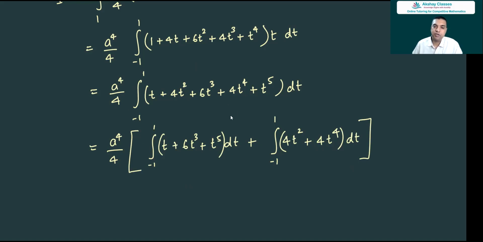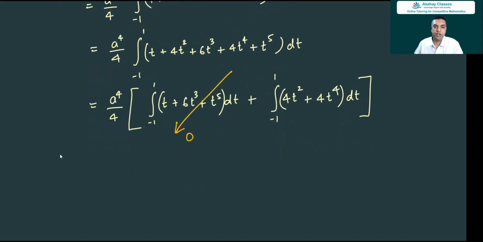Because this is an odd function, the integral from minus a to a of any odd function will be 0. So we have simplified that. Now a power 4 upon 4, and this will be twice the integral from 0 to 1 because it's an even function, of 4t square plus 4t power 4.